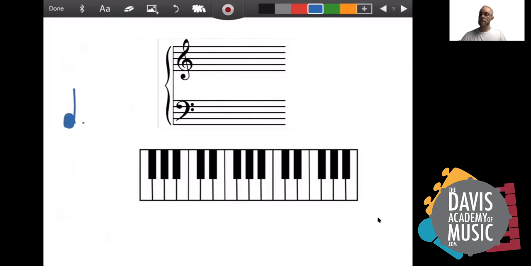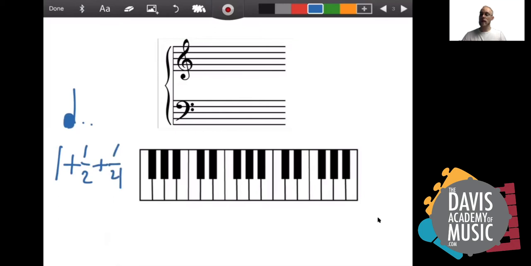The first dot will take half of the value of the quarter note. So we have 1 for the original, and then the dot would represent half of the original value. So that would be half of a beat. And then the second dot would represent half of the first dot. So we would get a quarter.